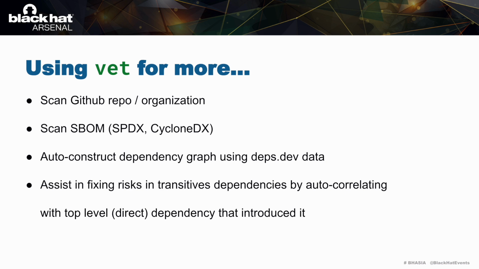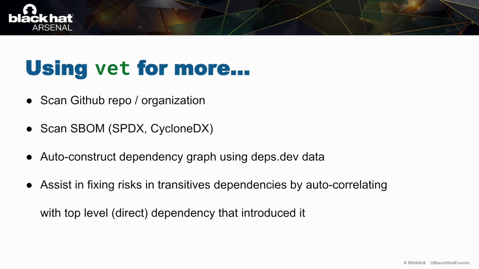But there are more features in VET that can help in discovering vulnerabilities in open source components from different sources, such as a GitHub repository or a full organization. Scan SBOMs from formats such as SPDX or CycloneDX.